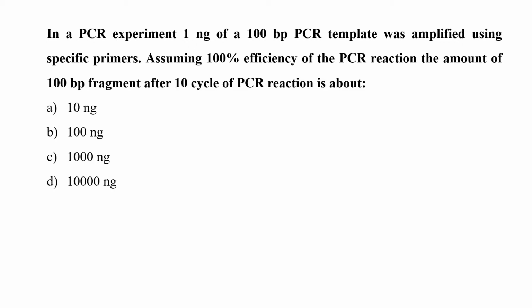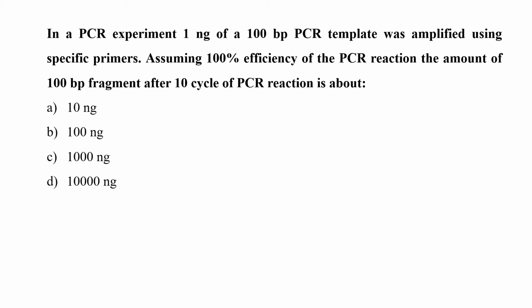Our next question is, in a PCR experiment, 1 nanogram of 1000 base pair PCR template was amplified using specific primers. Assuming 100% efficiency of the PCR reaction, the amount of 1000 base pair fragment after 10 cycles of PCR is about.